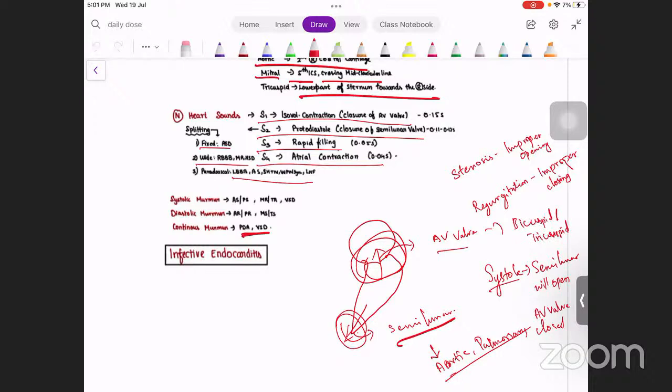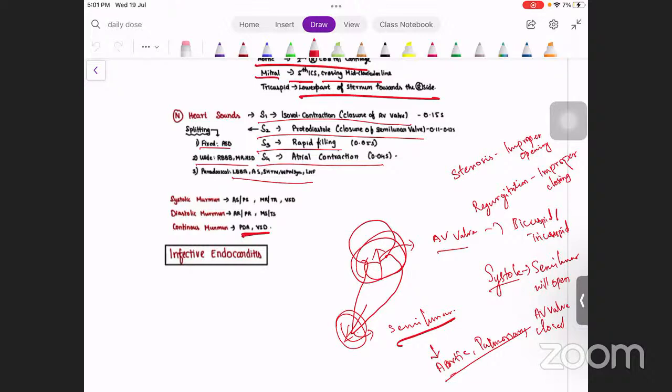Semilunar stenosis and AV regurgitation. So what stenosis will be there in systolic murmur? Aortic stenosis or pulmonic stenosis, followed by mitral or tricuspid regurgitation. You see the systolic murmur.